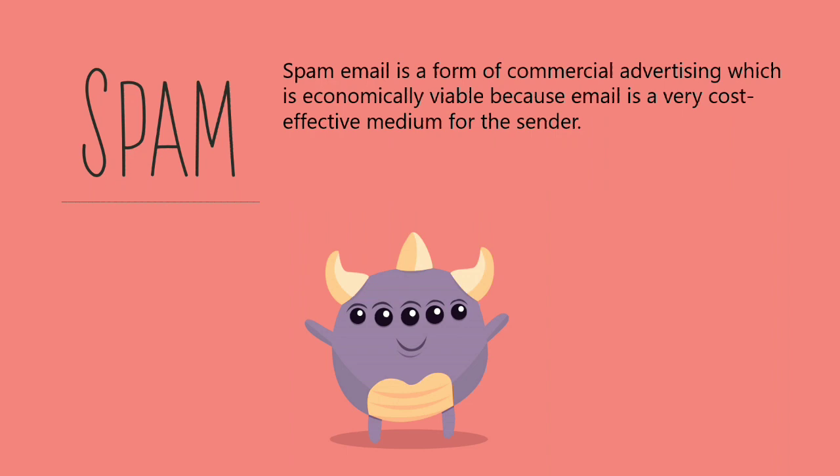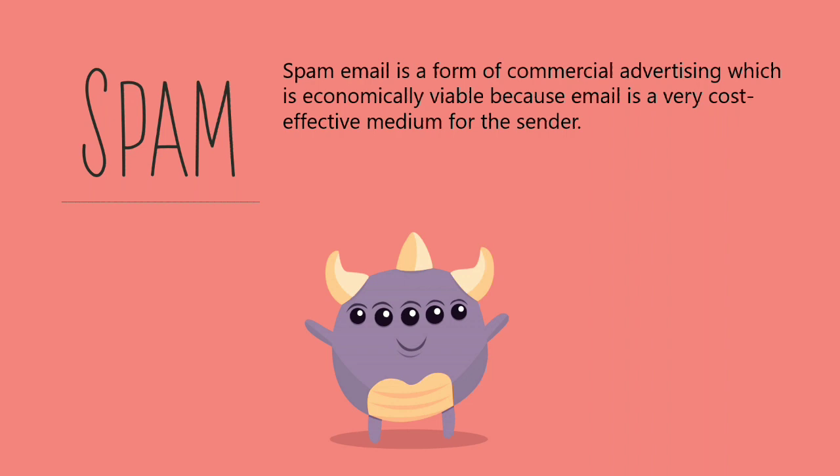Now, a spam email is a form of commercial advertising. It is actually the origin of how spam came to be. It is economically viable because email is a very cost-effective medium for the sender. If you wanted to send an email, you can send a message or content without any particular limit.